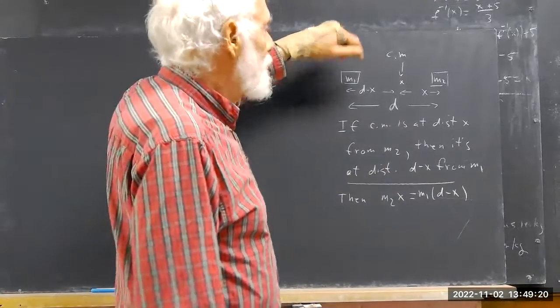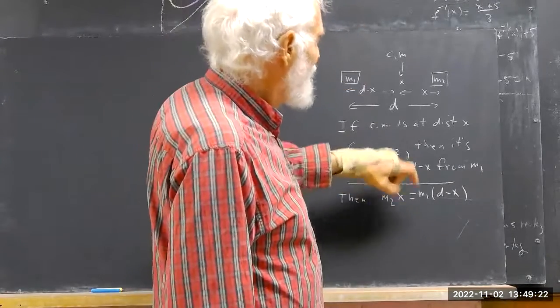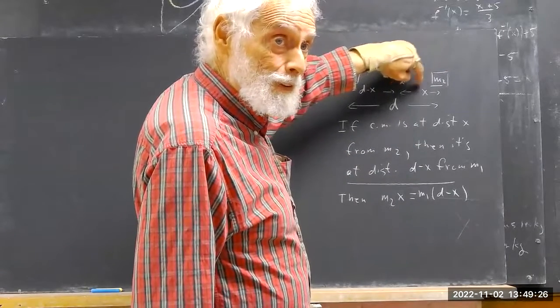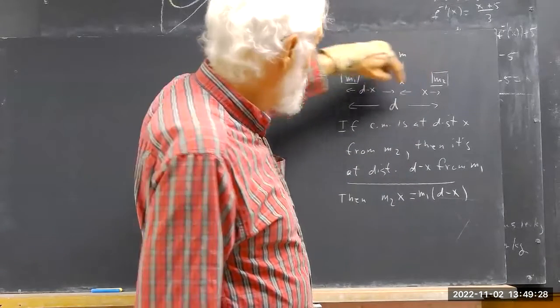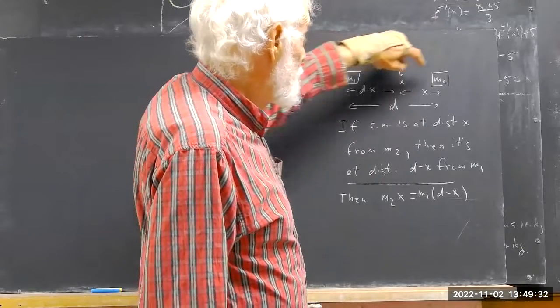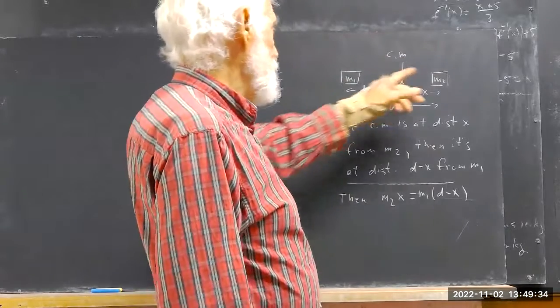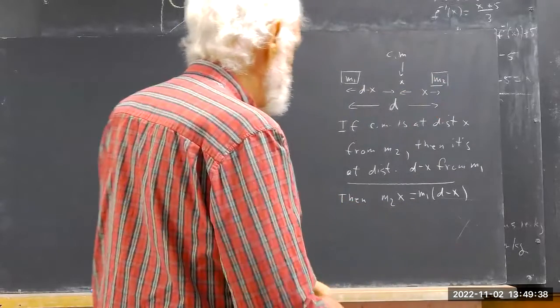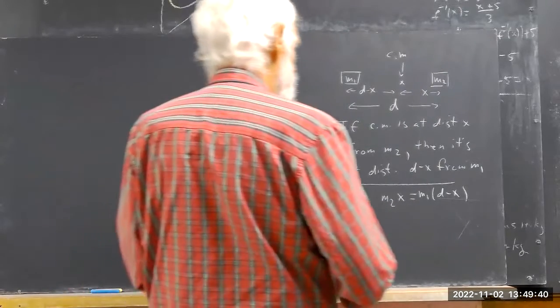Keep it intuitive. Okay, so intuitively, if this is twice as great, it's got to be twice as close. So if this is twice as great, x has to be half as much as d minus x. Okay, so it has to be twice as far. That's what this is expressing. We get it.